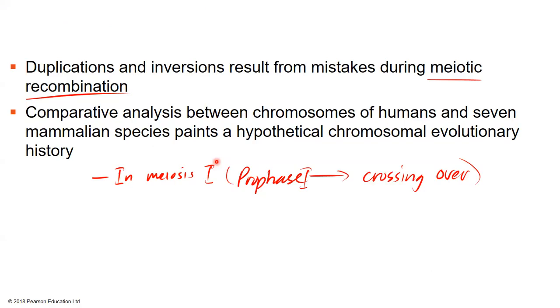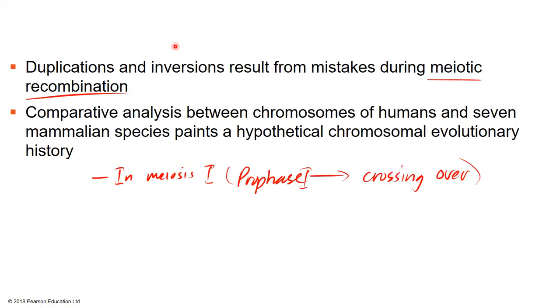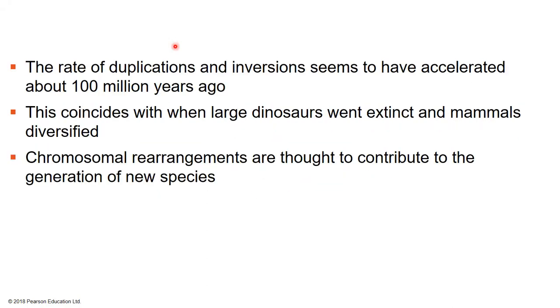So, duplications and inversion. Sometimes you have one region. Let's say that we have a chromosome, and then we have another chromosome.